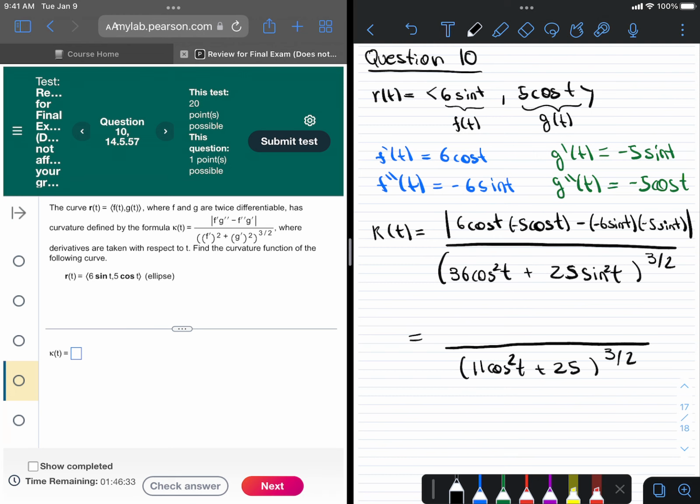So that's the best it could possibly do. And again, that's by writing this as 25 cosine squared t plus 11 sine squared t, and then grouping this cosine squared with this sine squared to get a 25, and then the 11 being left. And that's a cosine, of course.